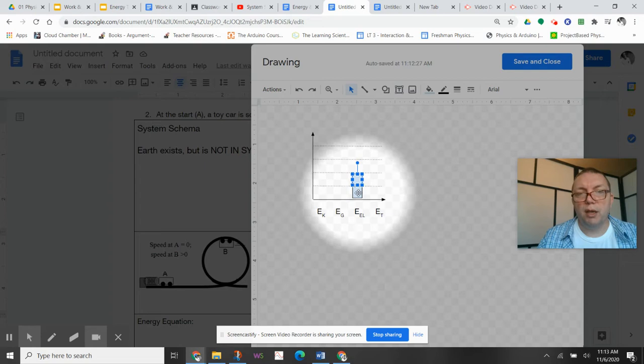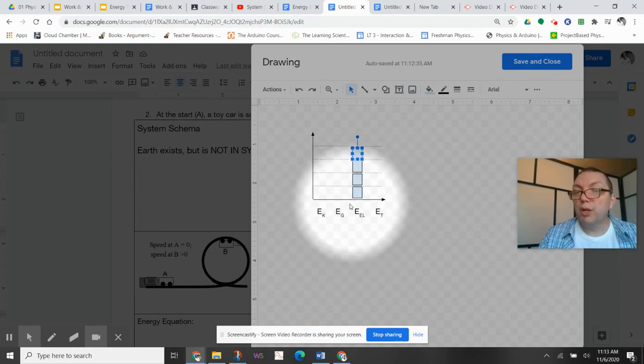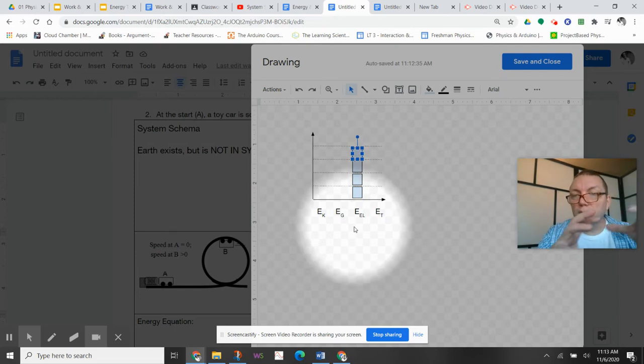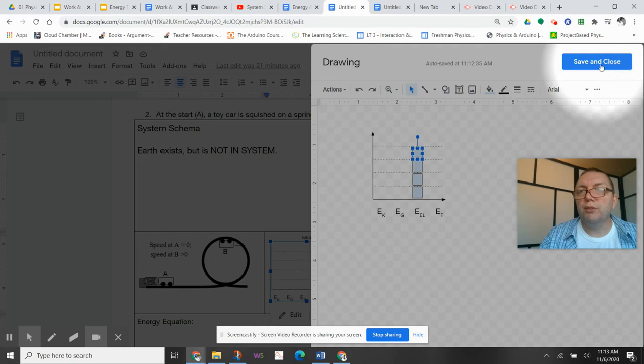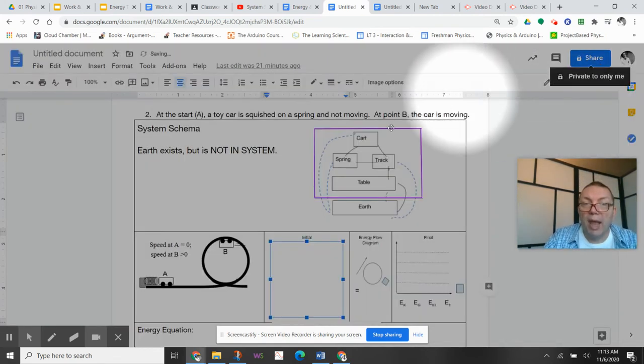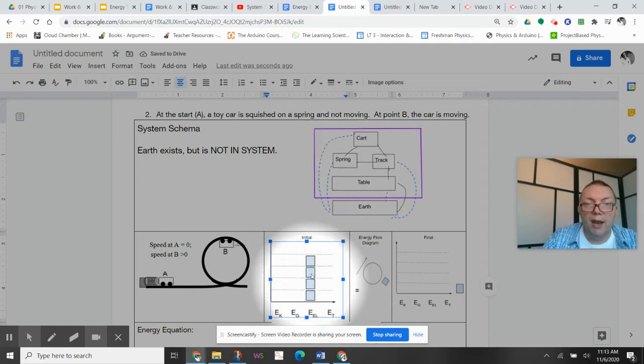The object has a height of 0, so no gravitational. The object doesn't have a lot of friction, so there's no thermal energy. The spring is stretched or compressed outside of its normal position, so there is elastic energy. Our spring is in our system in this example, so we again have elastic energy, just like we did before.